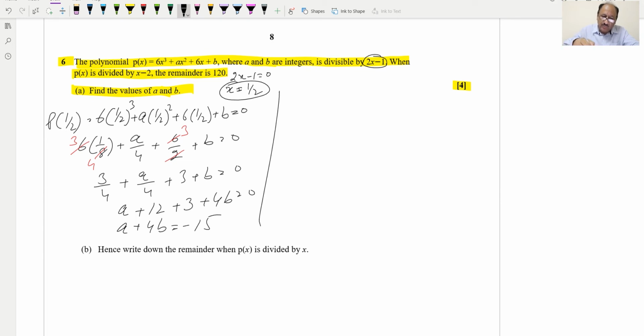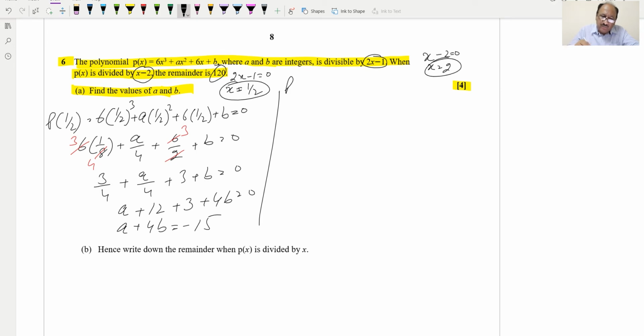This will be our one equation, and the second equation we can form from this: divisible by x minus 2 and the remainder is 120. So x minus 2 is equal to 0, so x will be equal to 2.